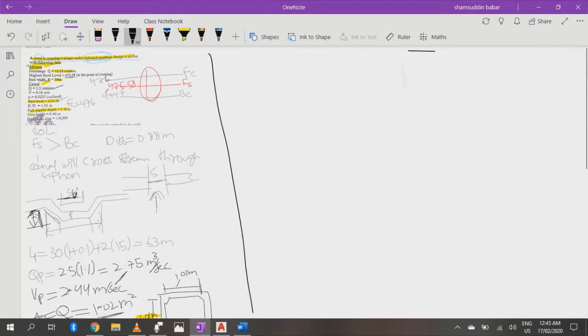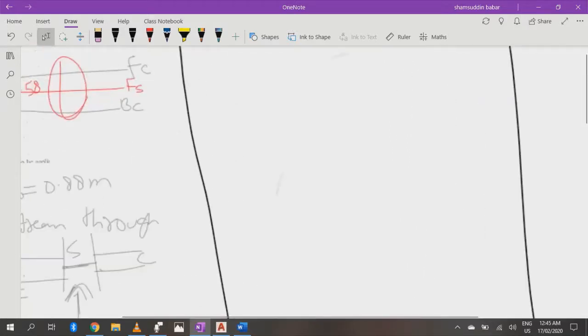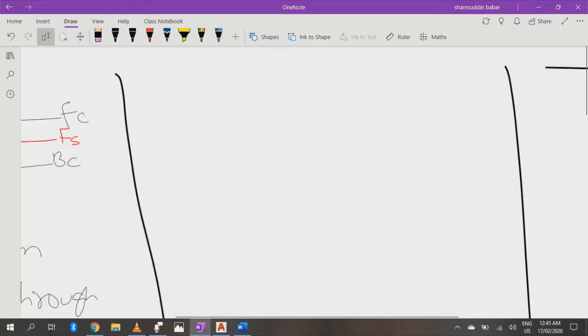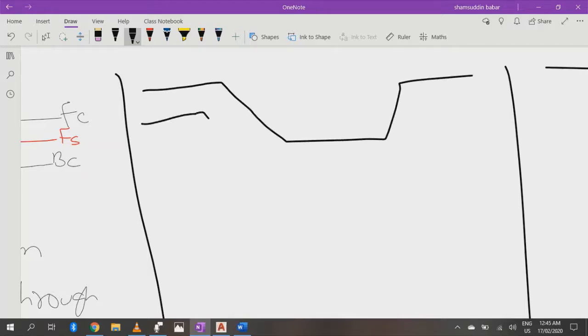For this I am drawing this. Now I will show you what we are going to find out. For example, this is our siphon in this way. There are chances that there will be losses, but we don't know how much losses will be there.